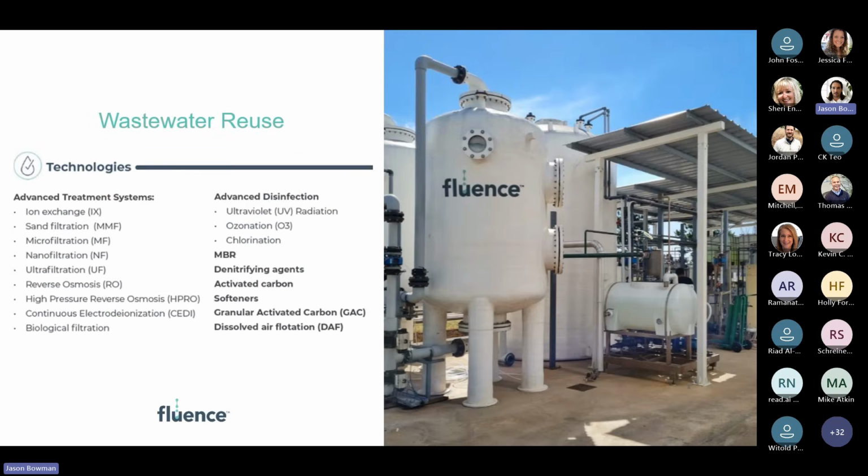If we go back to the water treatment practice slides that Jordan presented on, the technologies that we employ to make wastewater reuse a possibility are really the same as that of our industrial water division. So this is where I mentioned that our industrial water and industrial wastewater divisions cross over. Many of the same technologies required for factory intake or process water makeup are the same technologies that are required to make wastewater reuse a possibility.